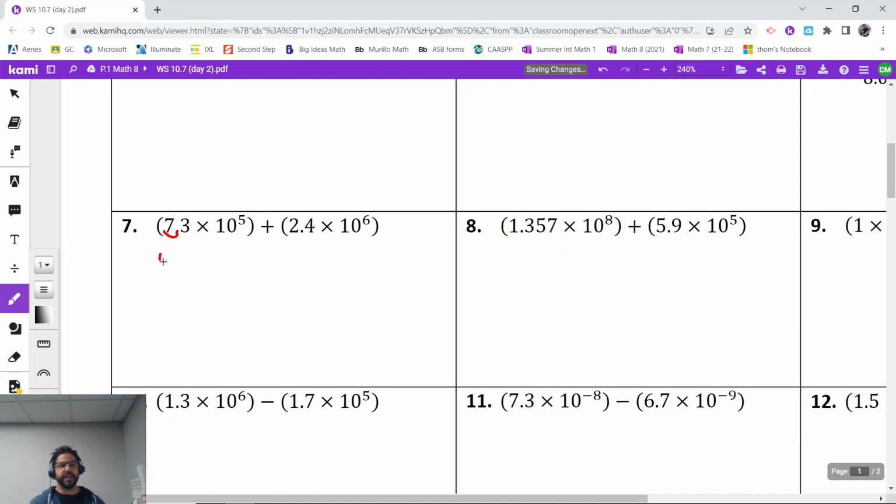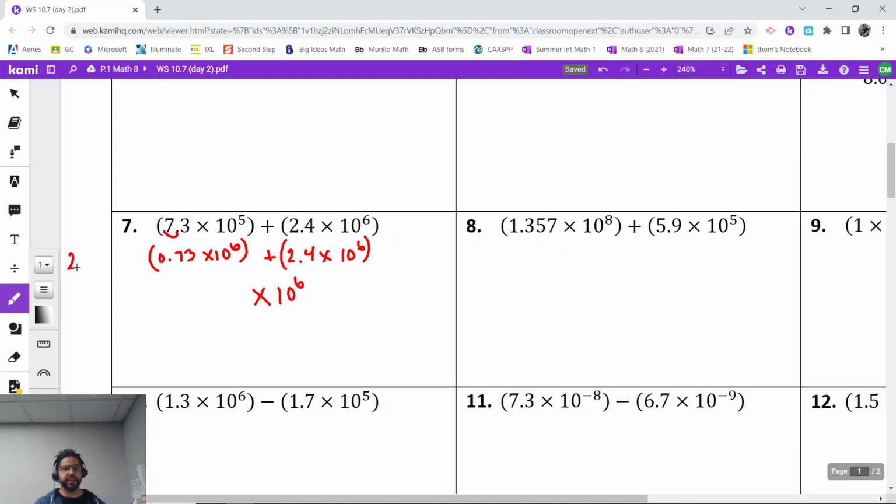So that would give us a 0.73 times 10 to the 6th power. And you're going to add that to the 2.4 times 10 to the 6th power. So as our notes showed us, it's going to stay as 10 to the 6th power. And then you just got to go ahead and add it together.